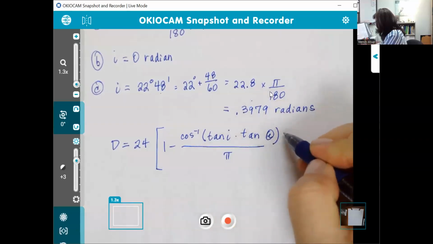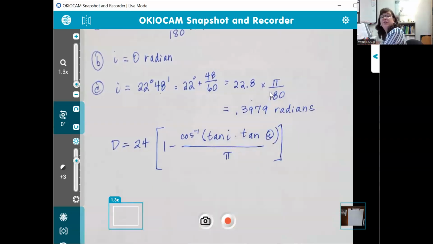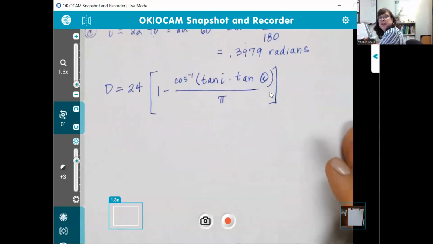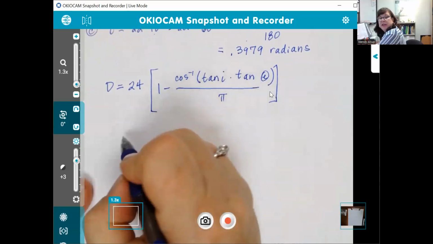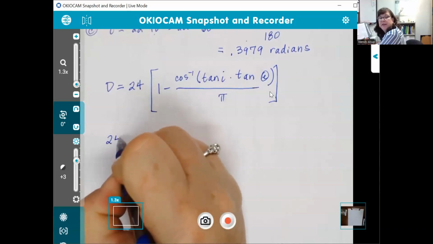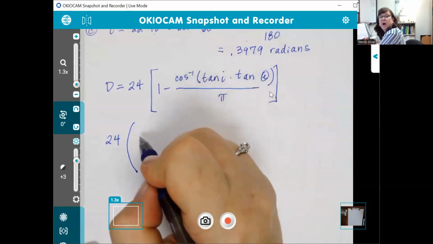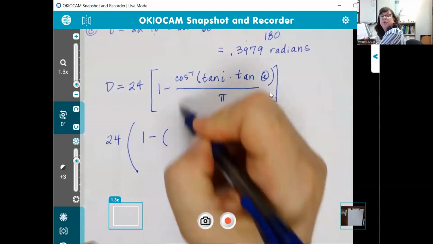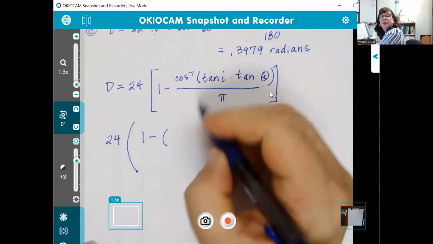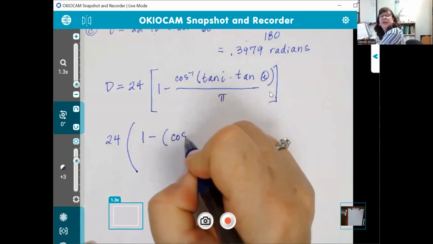And you know what? You can actually put this all in on your calculator at once. To do that, you can do 24, and then a big parentheses, 1 minus, new parentheses for this whole top. And so that'll be the cosine inverse.